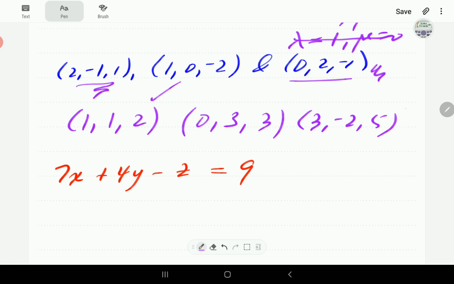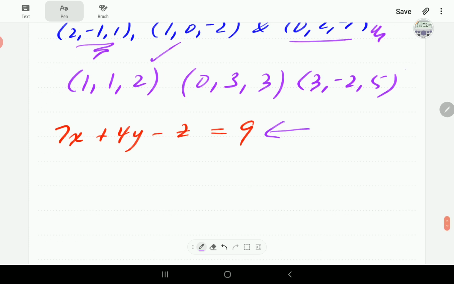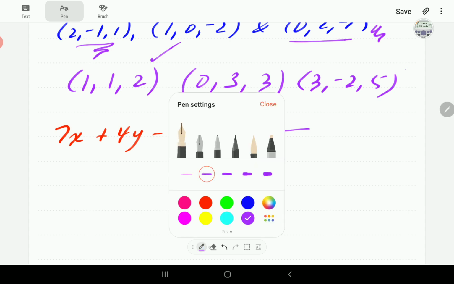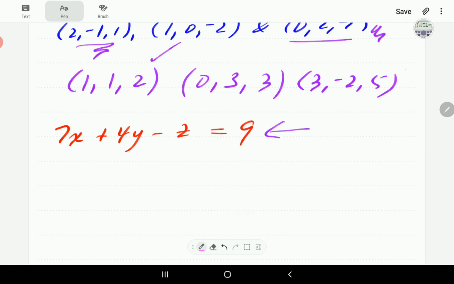Now, if you're generating the points using the scalar equation, it's usually easier to choose 2 of these to be zeros and then solve for the other one. So for instance, if both x and y are 0, then z is going to be -9.